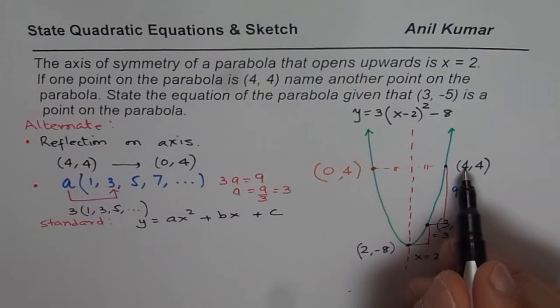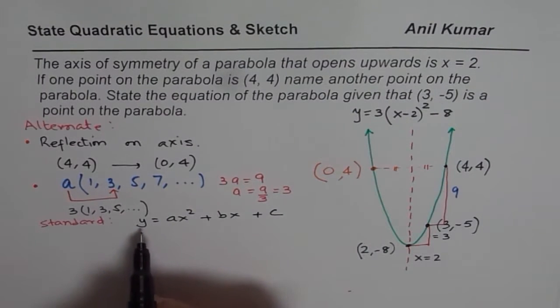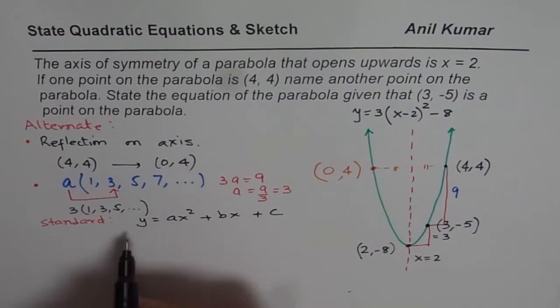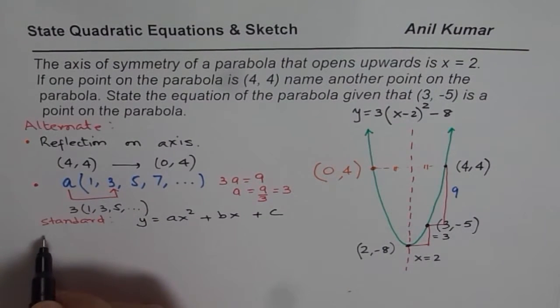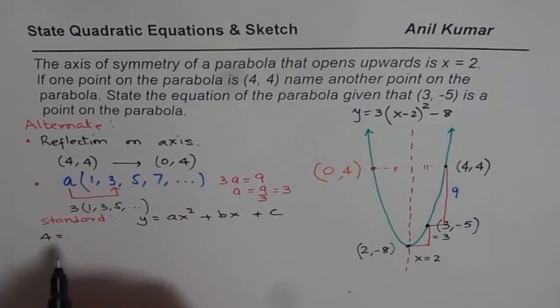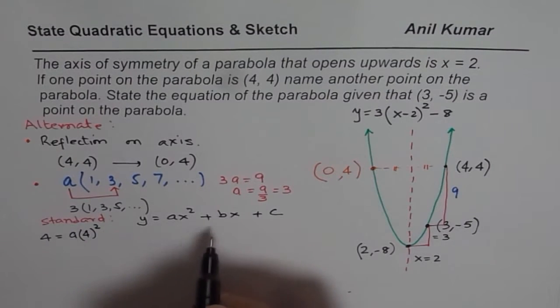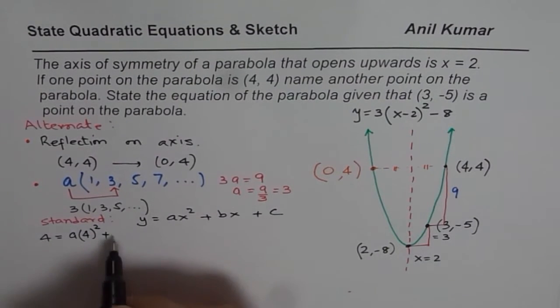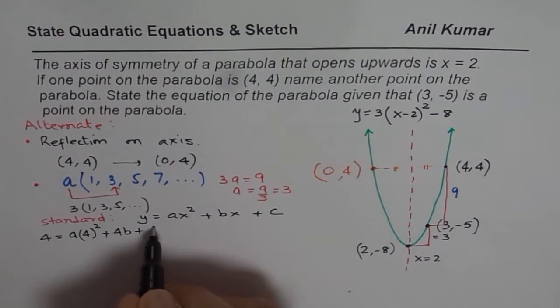If I substitute (4, 4), 4 is x, 4 is y, then I get y as 4, right? So we'll write here 4 equals a times 4 squared plus 4b plus c, right?